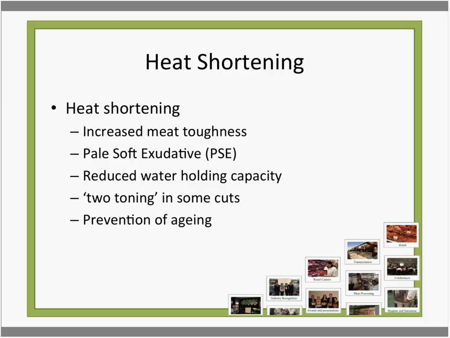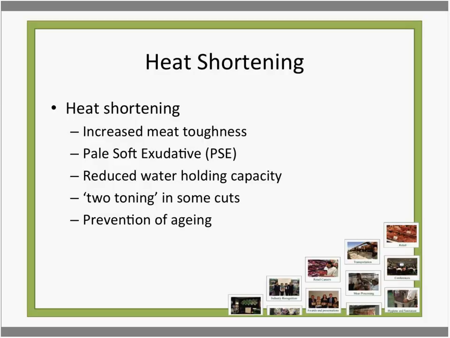You end up with a soft, pale, exudative product because you've denatured the cells, and you end up with less water holding capacity in the meat, which means you get more weeping and dripping of the meat when packaging or in packaging.